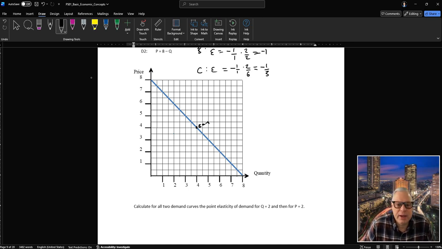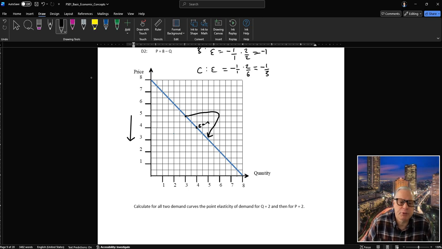So let's say we use the arc elasticity. Imagine we lower the price from 5 to 6. I'm sorry, from 5 to 3. So imagine we have here an arc. We lower the price from 5 to 3, and we use the arc elasticity.